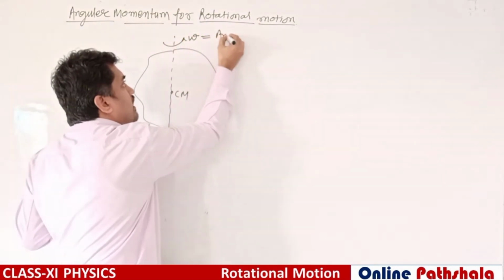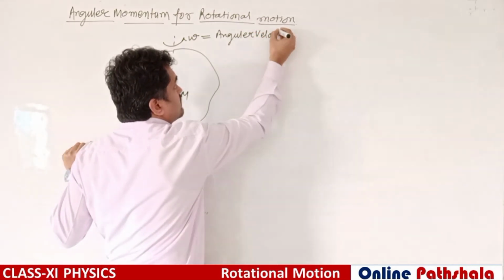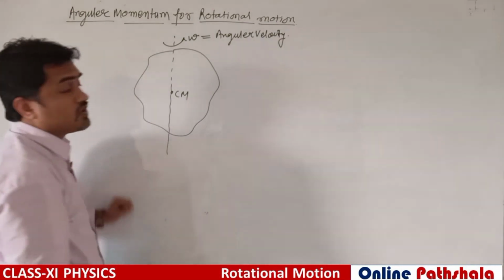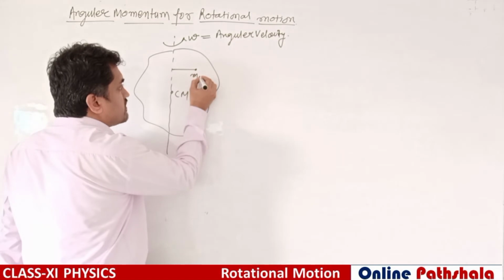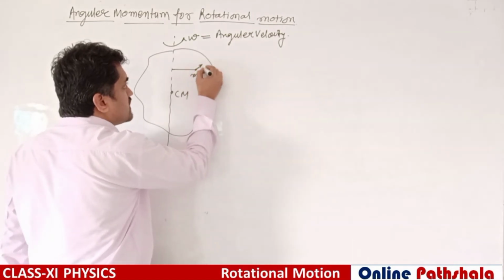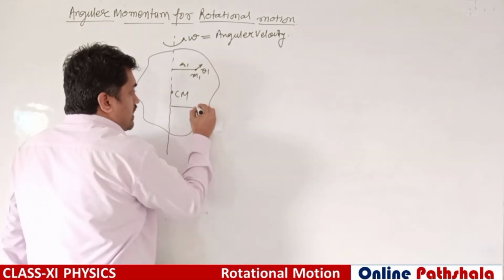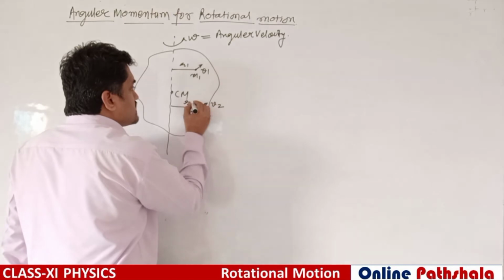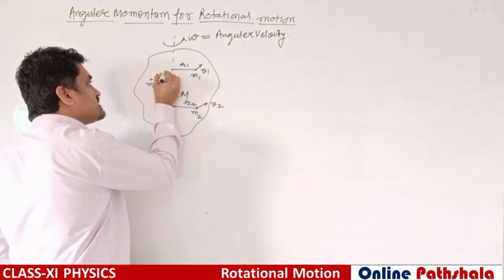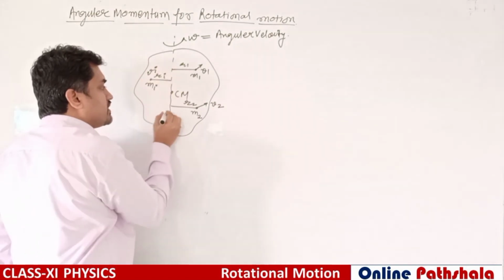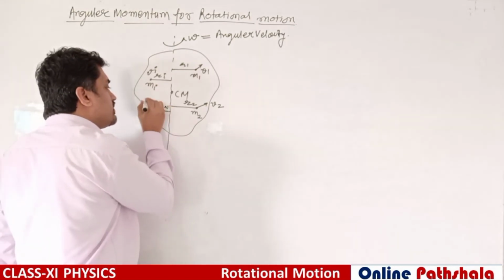Angular velocity omega. It is a rigid body, so we can consider a point mass m1 with velocity v1 at distance r1, the same as m2 moving with velocity v2 at distance r2, the same as mi at distance ri with velocity vi, and mn, rn, vn.